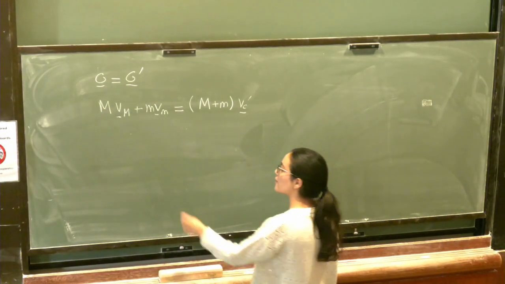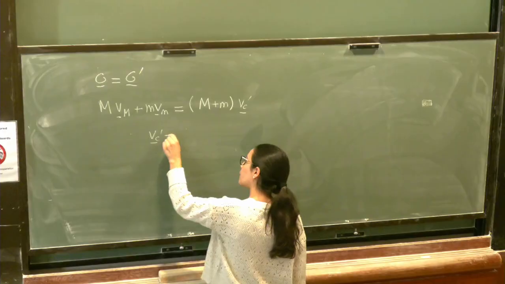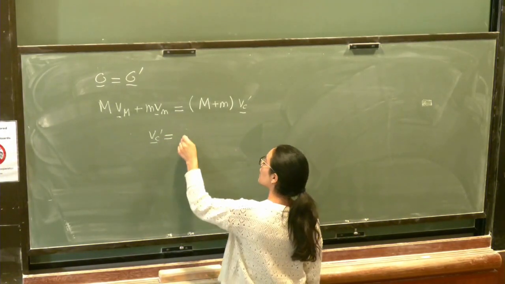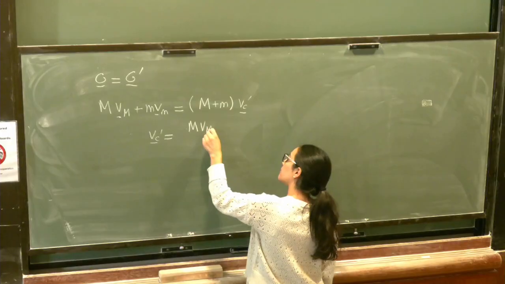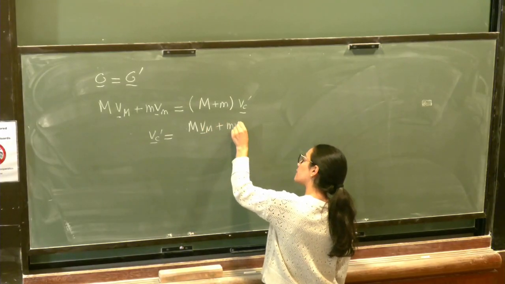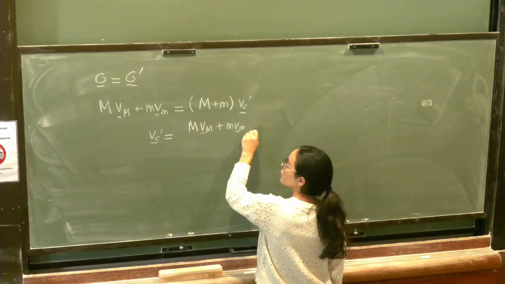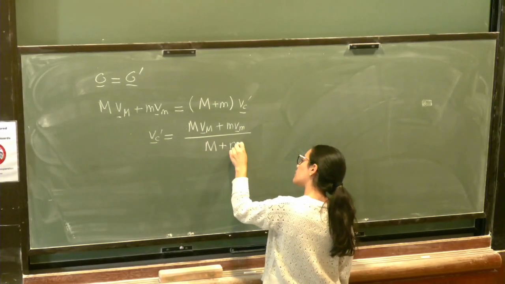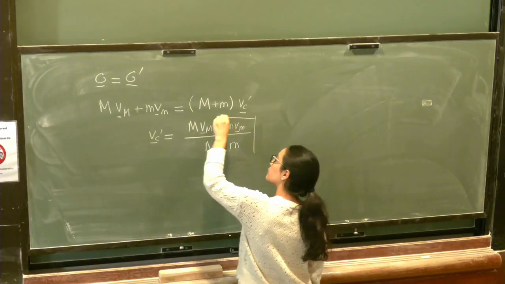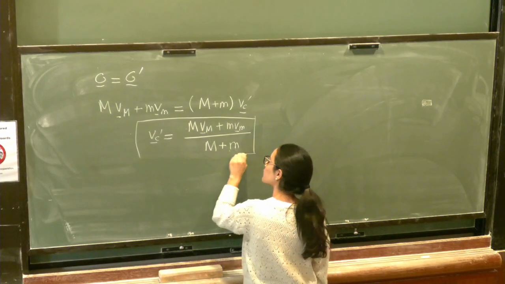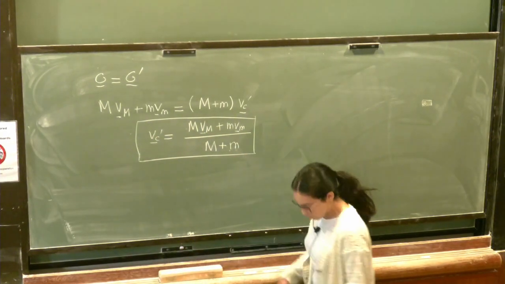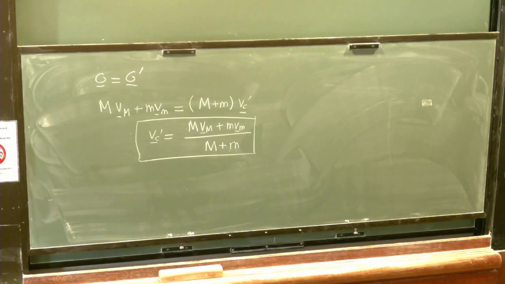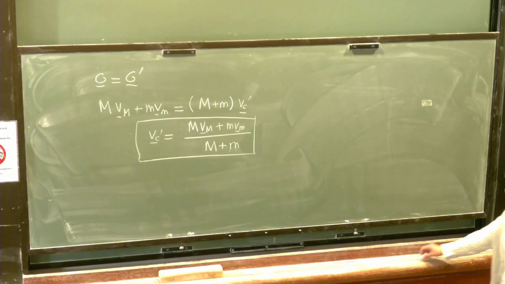So Vc prime, even if I don't know the geometric location of C yet, I can say that its velocity is (M V_M plus m V_m) over (M plus m). Okay. Deal?